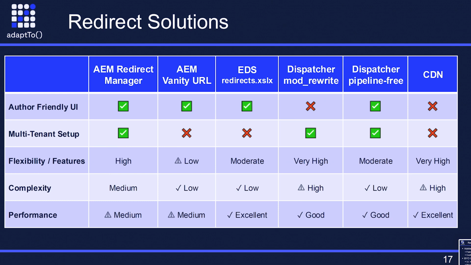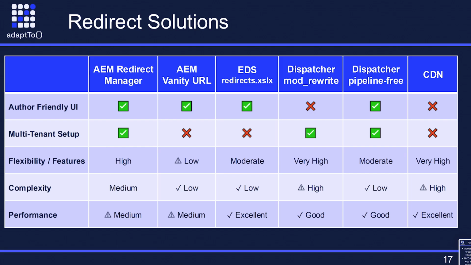The lowest is the vanity URL. Dispatcher configuration can get complex, as well as the CDN. The lowest complexity is if you use a sheet for your redirects, or a redirect manager, but the redirect manager can also get complex if you have thousands of redirects plus wildcards.